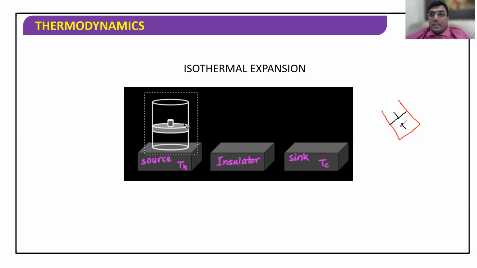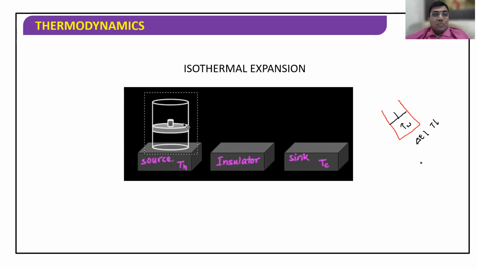Work is done by the system means what happens to internal energy? Internal energy decreases. That means temperature decreases, right? But isothermal process means temperature should be maintained constant. Yes, sir. Agreed.